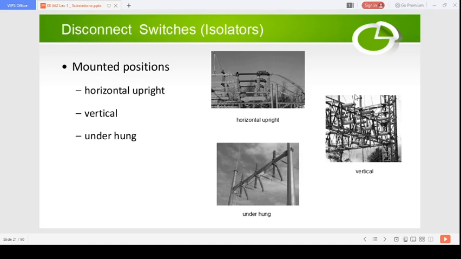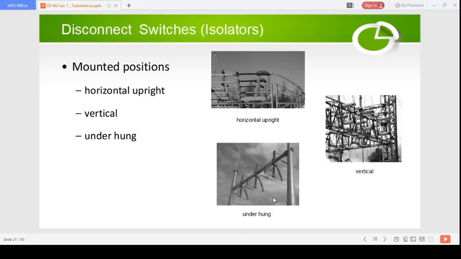You have a couple of them, and they operate in this way. Then you have this underhang type disconnect switch, which is basically hanging from a bar like this. That's why it's called the underhanging or underhang type disconnect switch.